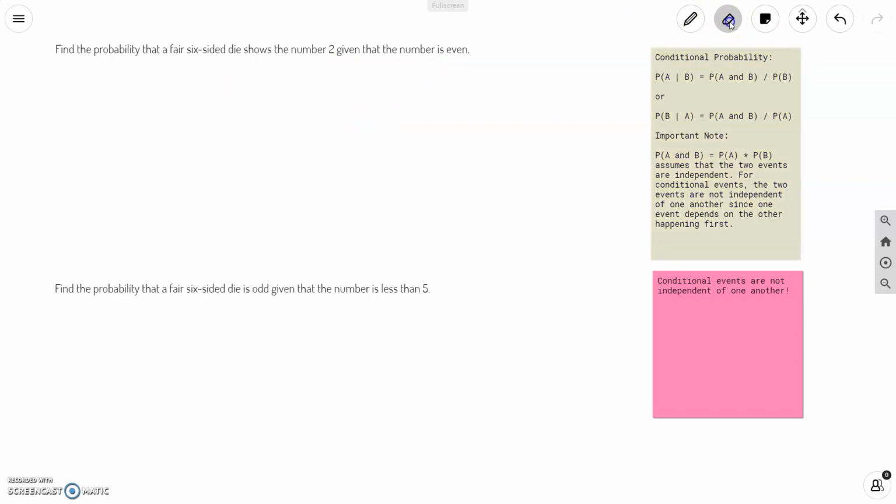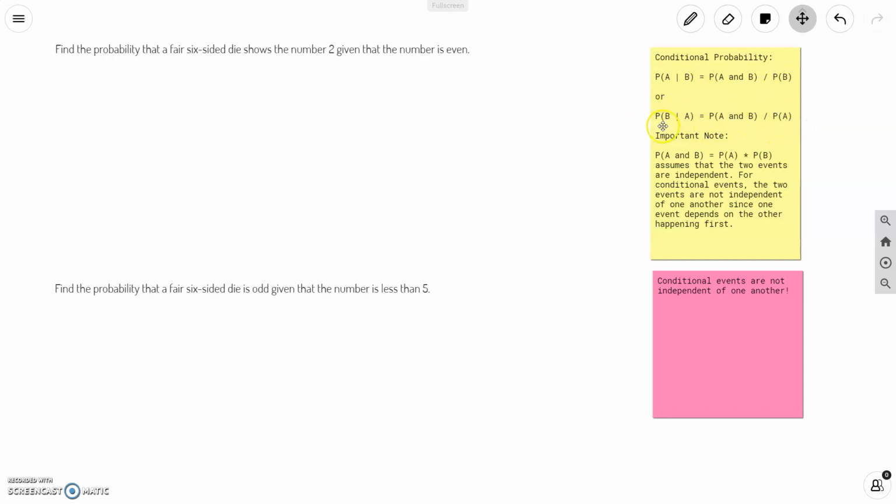A little quick note before we move on to actually solving the problem. So conditional probability, this is a formula that I have listed in the PowerPoint. So P of A given B is equal to the probability of the intersection all over the probability of the given event. So in this case, P of B. If you wish to rewrite it, this is also the equivalent.